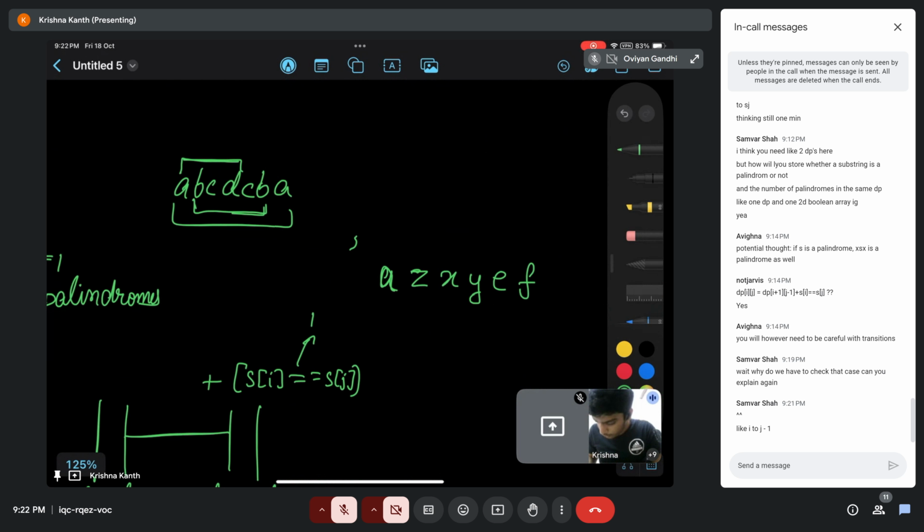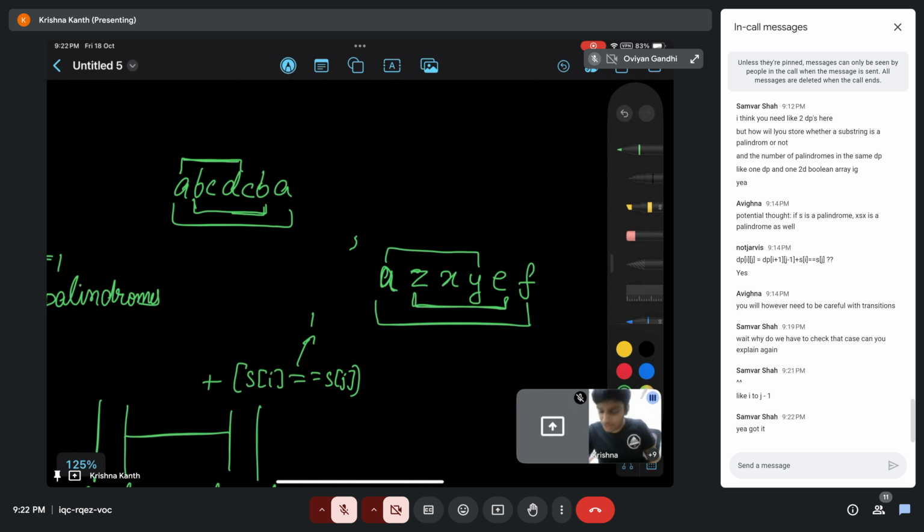For A to F, let's suppose that AZXY might have also been a palindrome, though the letters are not a palindrome here, but they might have been, right? It might have been a palindrome. But if you're only considering this string in the transition, then AZXY will clearly not be considered, and so you're missing out on that case. Do you understand now?